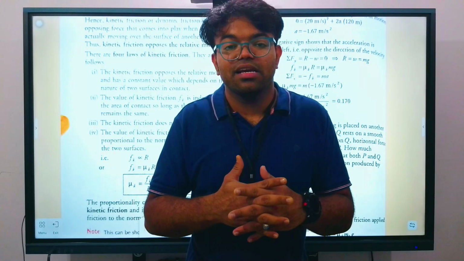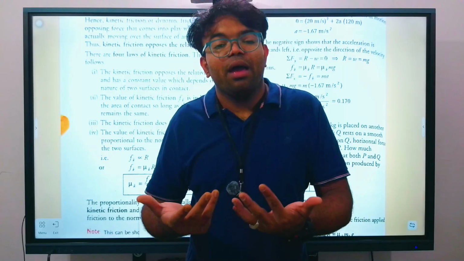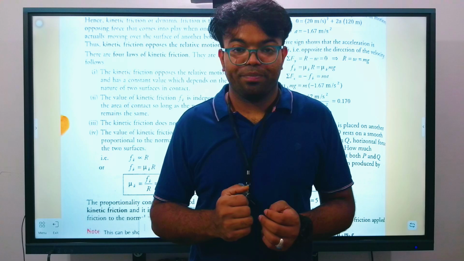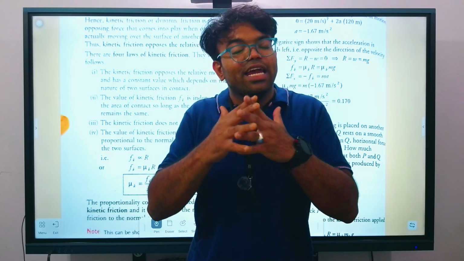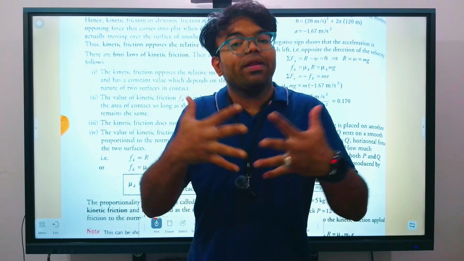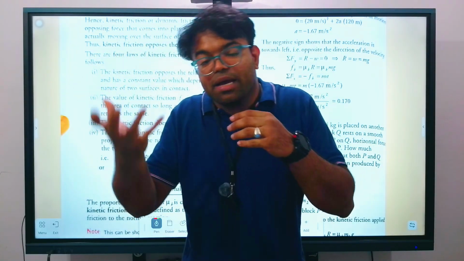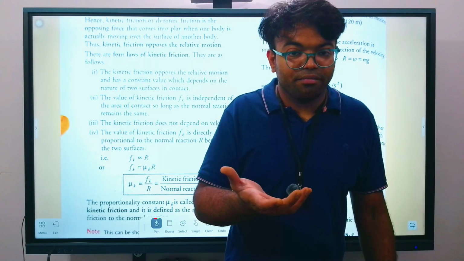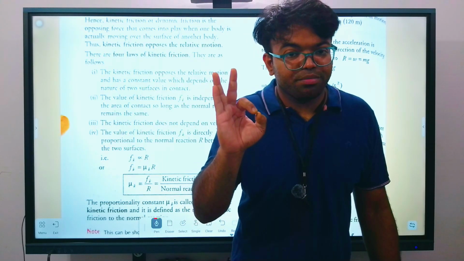Therefore, the dynamic or kinetic friction has a value less than the limiting friction, because we are avoiding the proper interlocking between the surfaces. Understood? Clear? Any doubts?